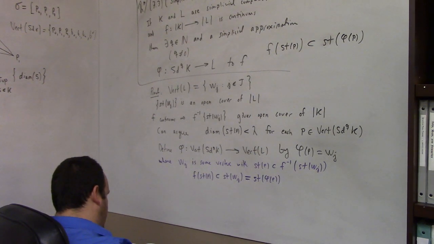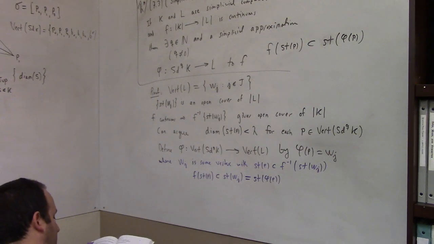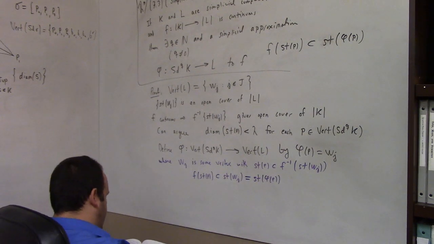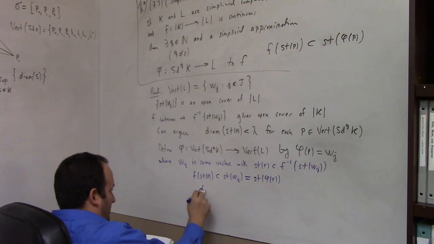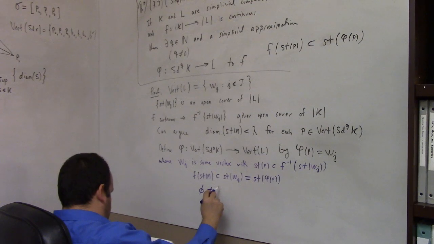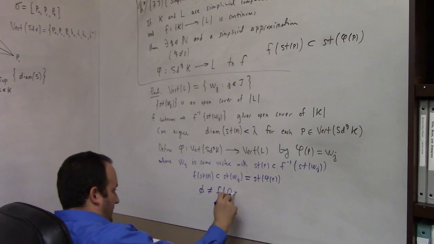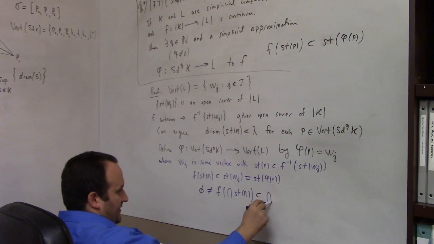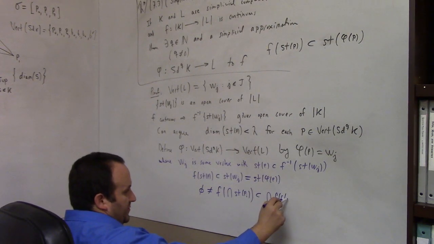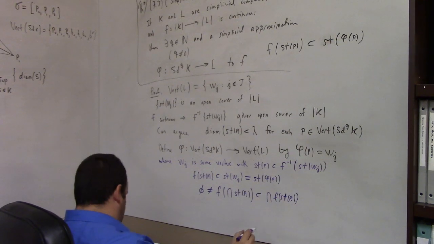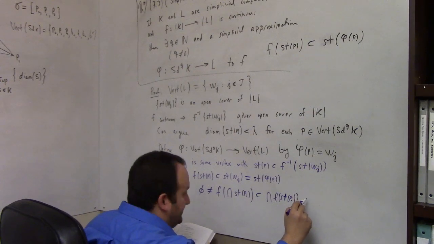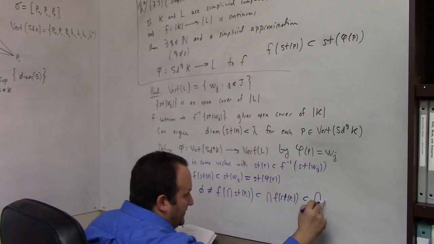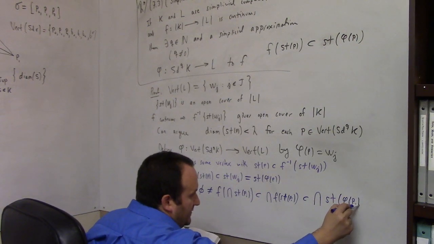does phi of p naught through phi of pm span a simplex in L? He says exercise 7.8 gives us that the intersection of the stars is non-empty, so the empty set is not equal to f of the intersection of the stars at pi, which by the way is a subset of the intersection of f of the stars at pi, which by the way is a subset of the intersection of the stars at phi of pi, I guess.